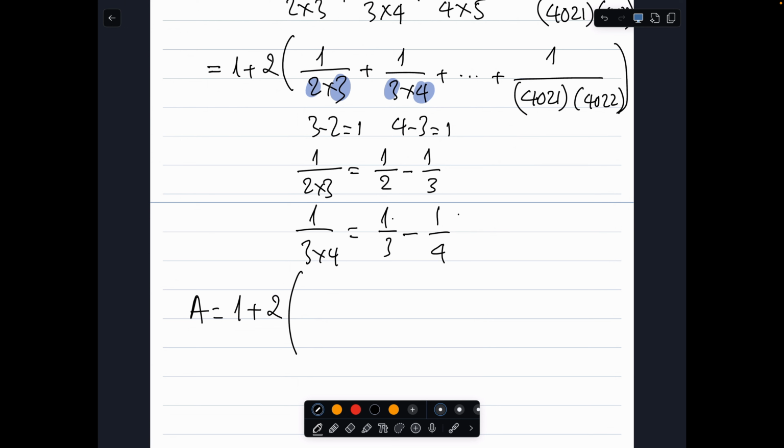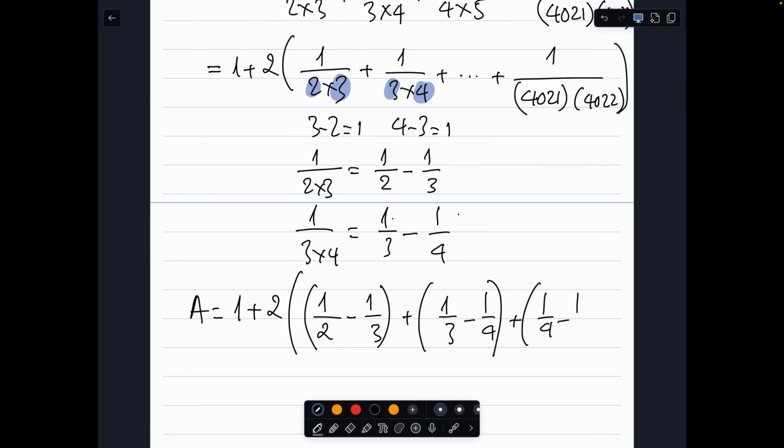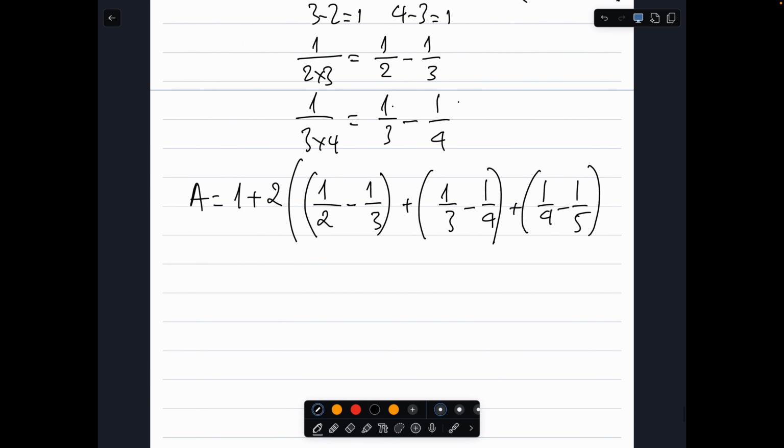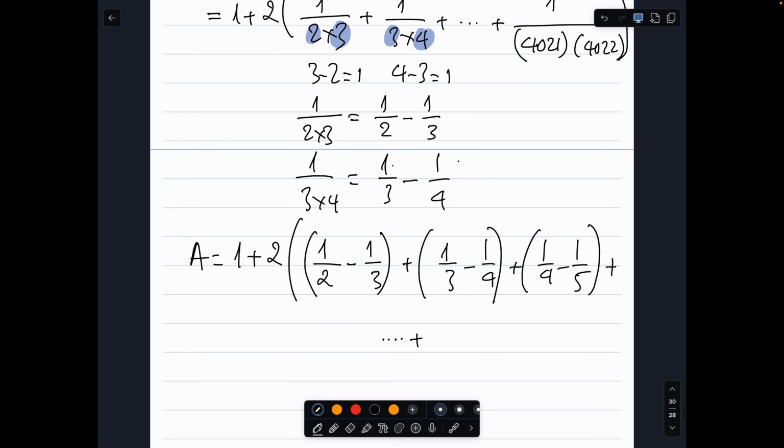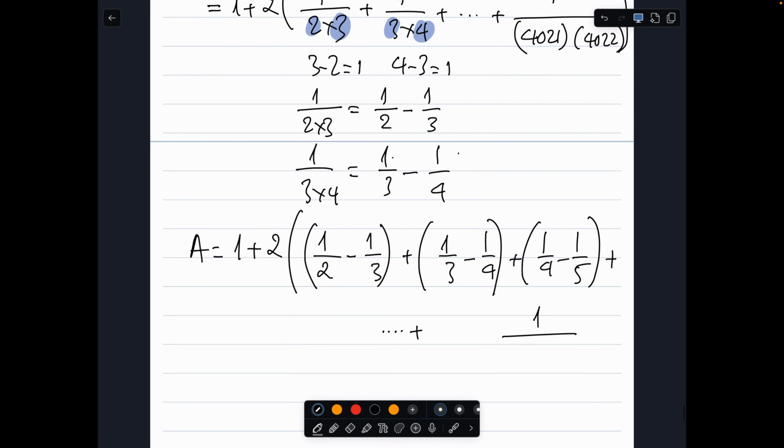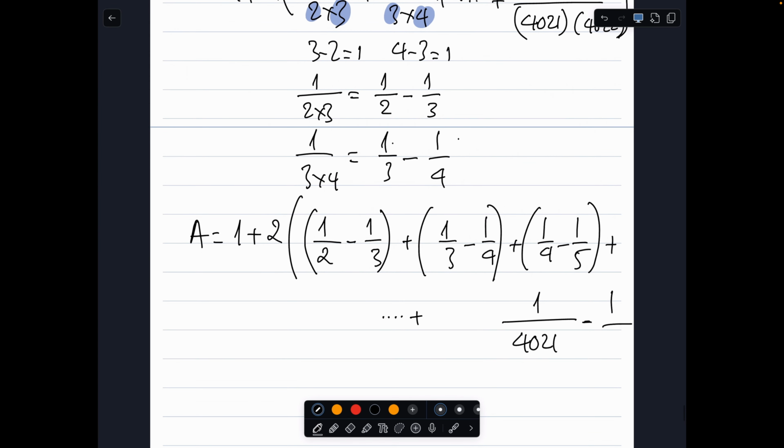It is 1 over 2 minus 1 over 3, and then 1 over 3 minus 1 over 4. Of course, next term is 1 over 4 minus 1 over 5, plus plus plus, and then 1 over something minus 1 over something, and before that term, I will write out the term before that.